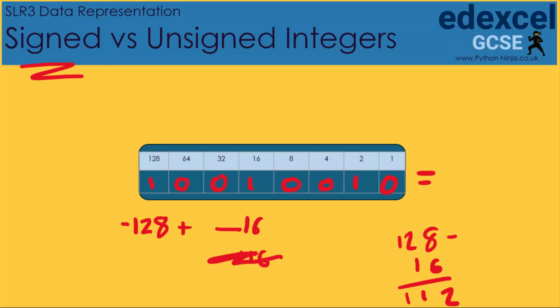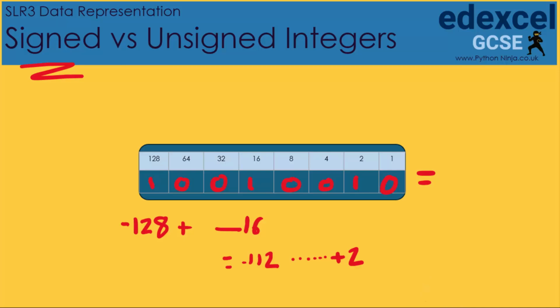It's minus 128 plus 16, which is minus 112. Nearly made a mistake. Okay, so minus 112 add 2 is equivalent to minus 110.